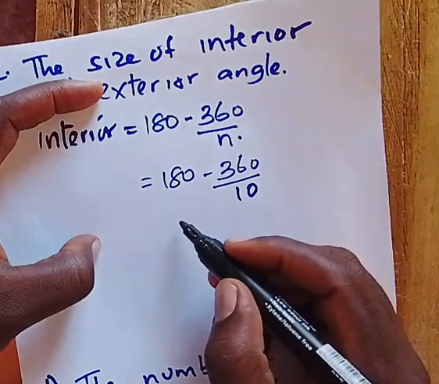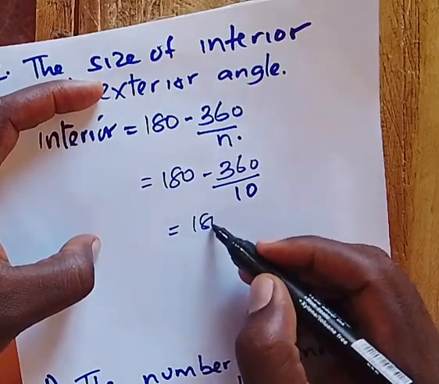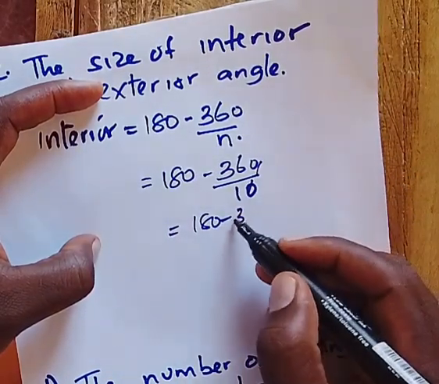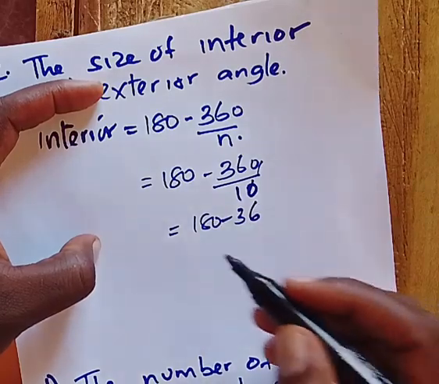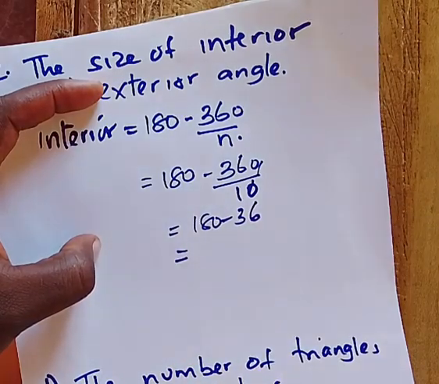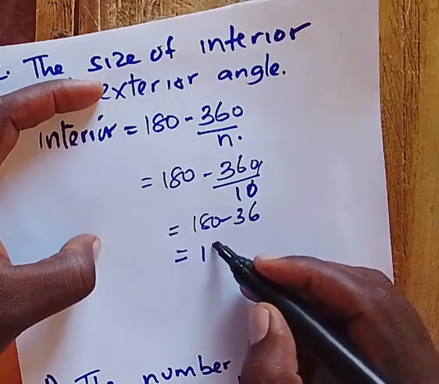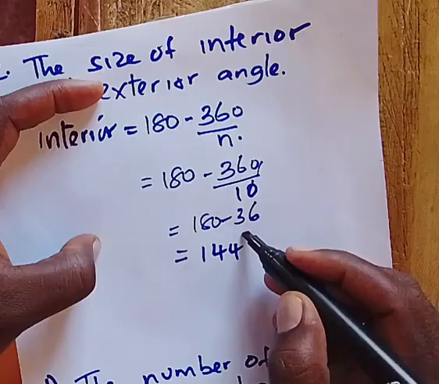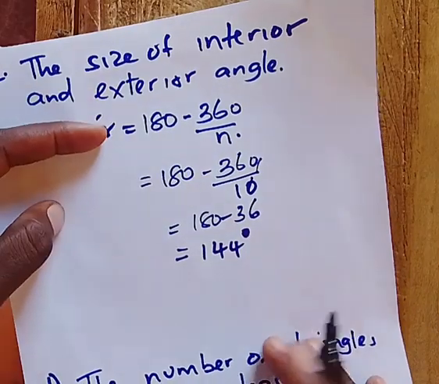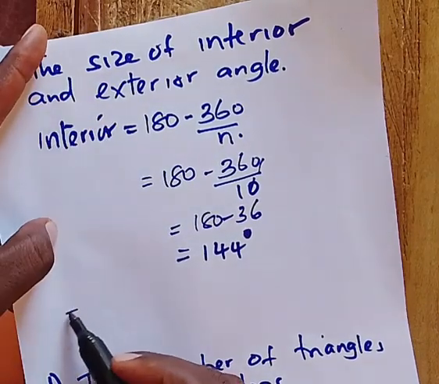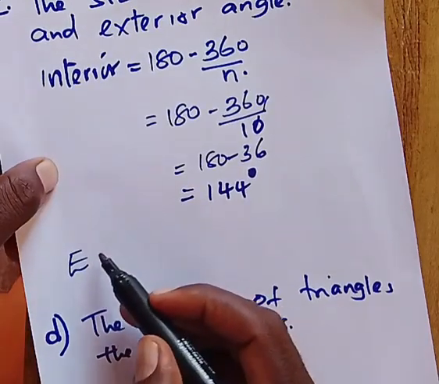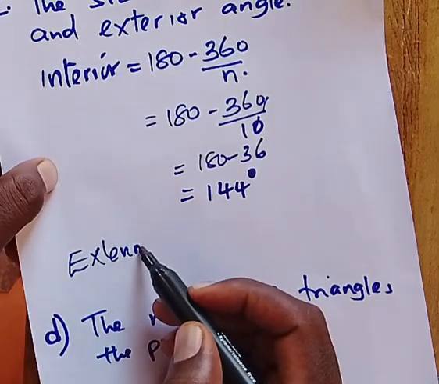So this is simply 180 minus 36, and you will get 144 degrees. Then we calculate the exterior angle.